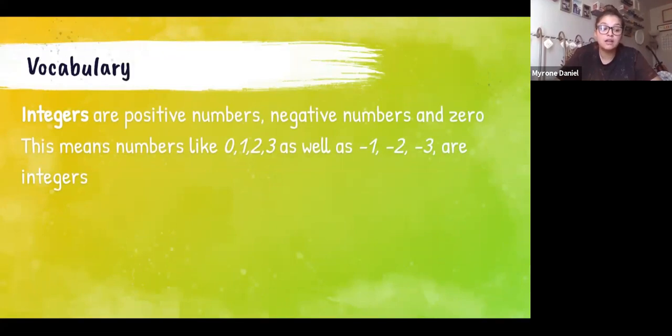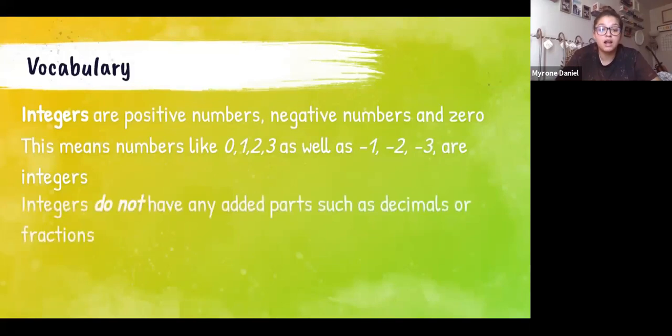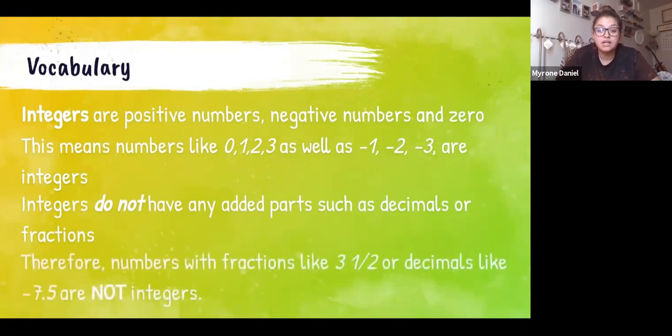The only thing, though, is integers do not have any added parts such as decimals or fractions. Therefore, numbers with fractions like 3 and 1/2 or decimals like -7.5 are not integers.